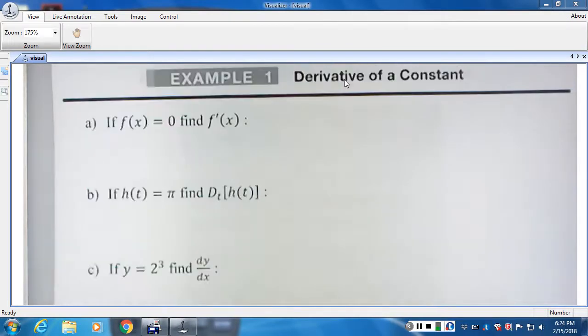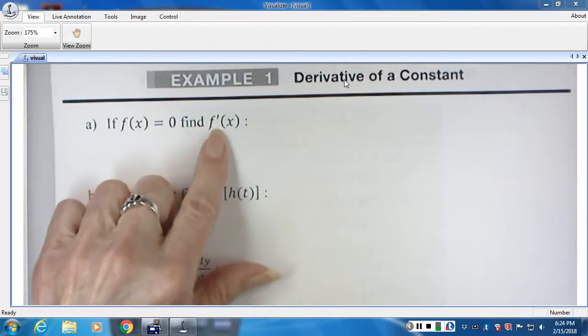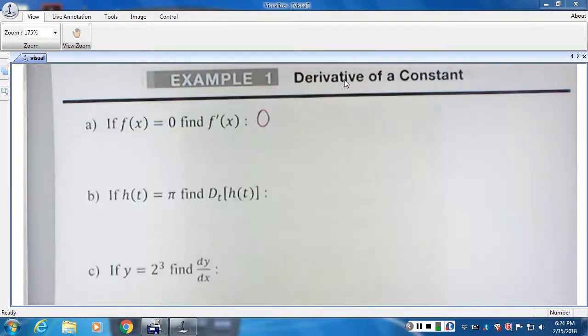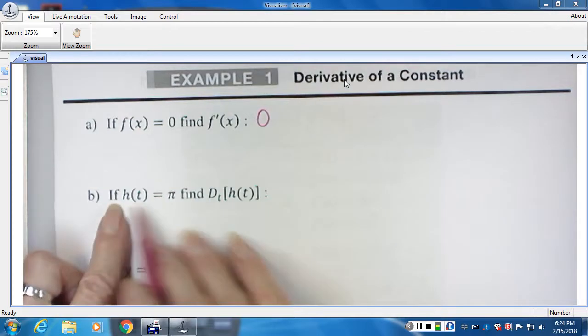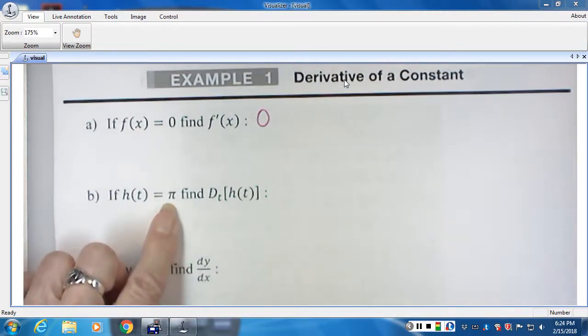So our first three examples are really, really quick. If f of x equals 0, 0 is a constant, then f prime of x is 0. If h of t is equal to pi, pi is not a variable. Pi is just a number. Since pi is just a number, it represents the ratio of a circle's circumference and its diameter.